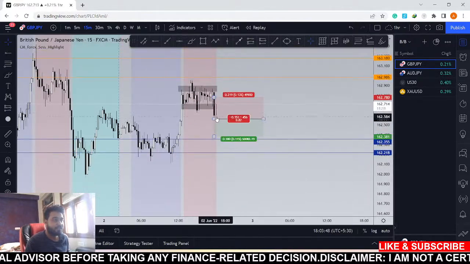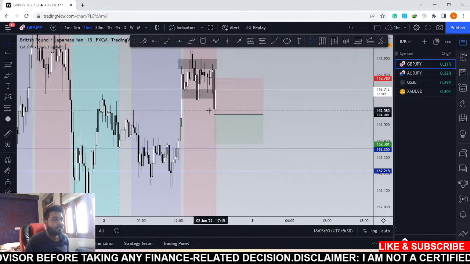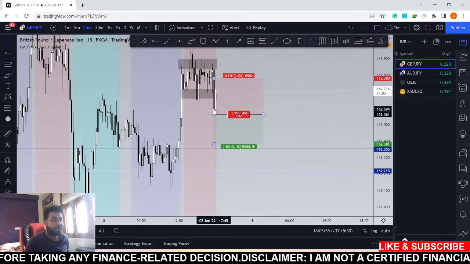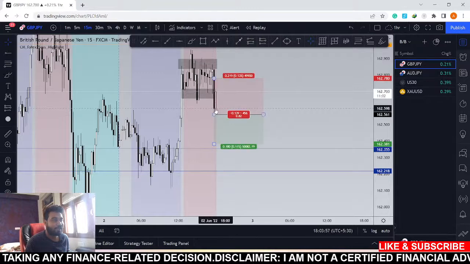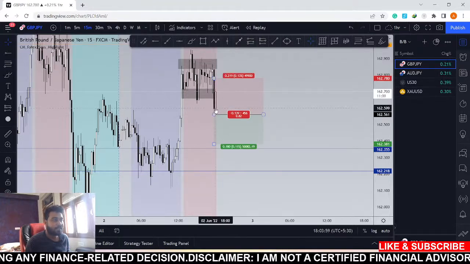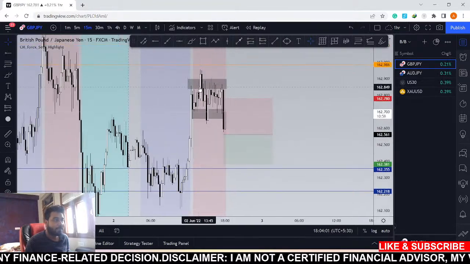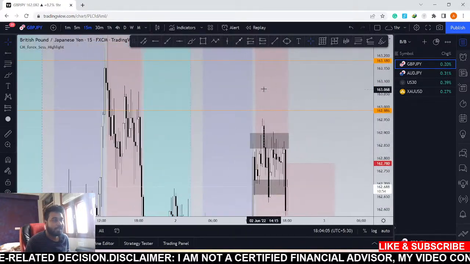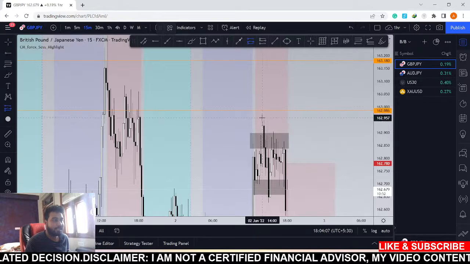This is the reason why we should not jump into the trade just by looking at the candle. Why did I not place my entry at this market order? Because I know sometimes what happens, market sees breakout. If I would like to take an entry in this candle, I would definitely place my entry at this area.